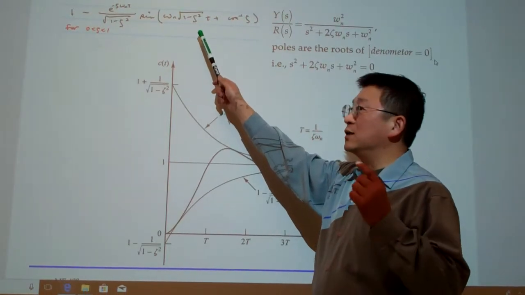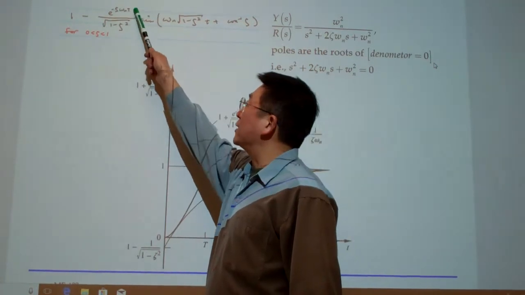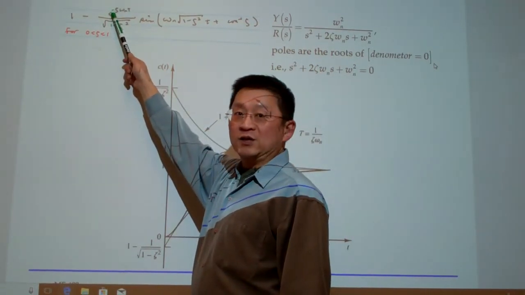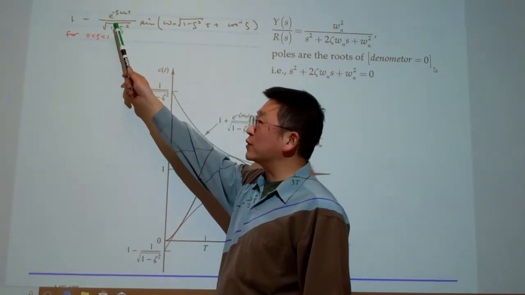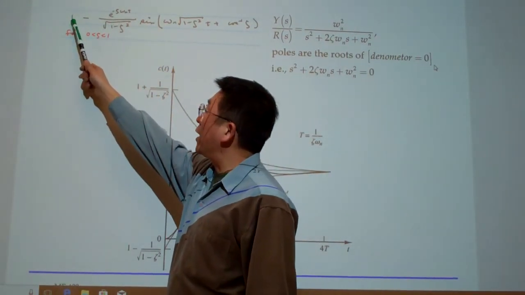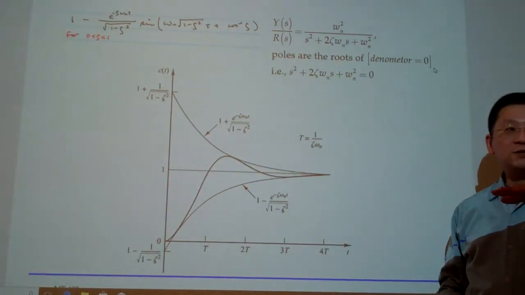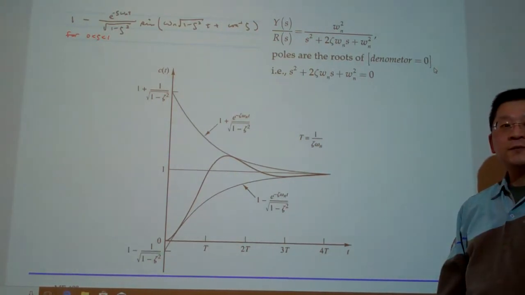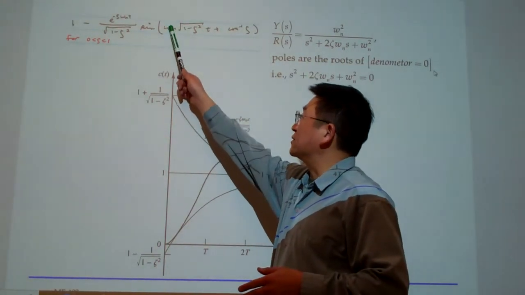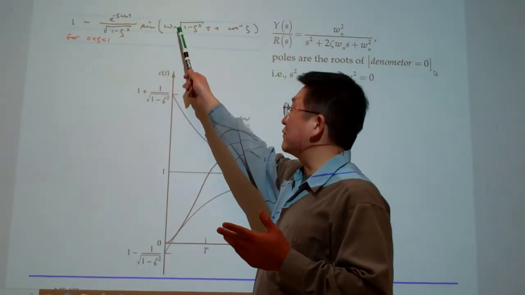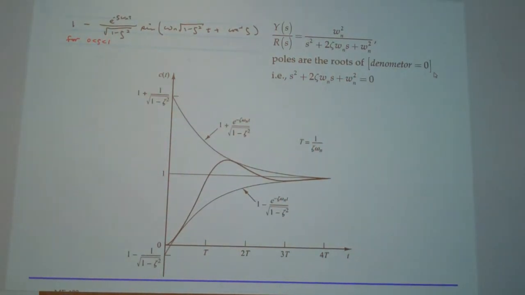In addition, the magnitude of the oscillation is governed by this value, and this value in turn is an exponential decay. So basically the output is the superposition of 1 plus certain perturbations. The perturbation is an oscillation at a fixed constant frequency, and it is also decaying.